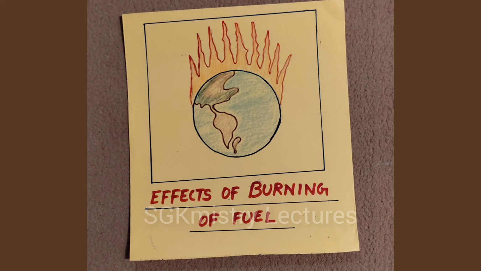Burning of the fuel results in the release of a large amount of carbon dioxide into the atmosphere, and we all know that this will lead to global warming. So the first harmful effect of burning of fuel is the release of large amounts of carbon dioxide, which will ultimately lead to global warming.